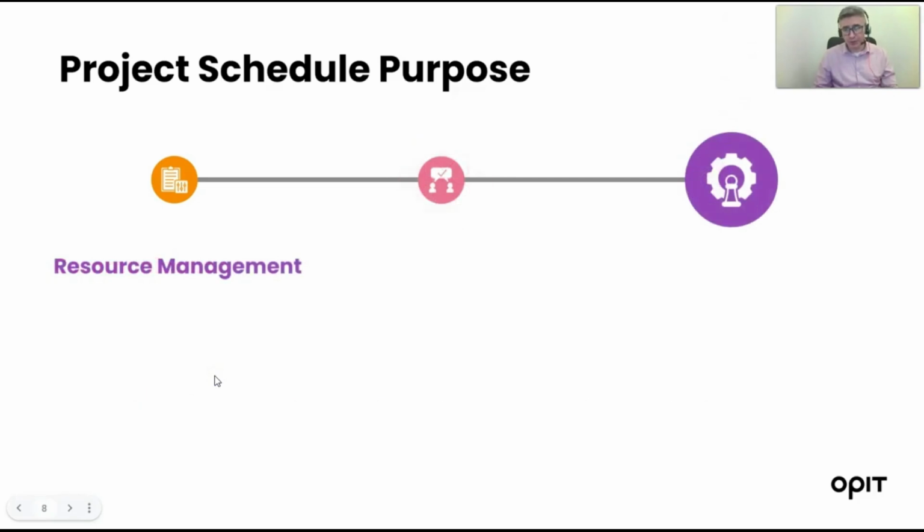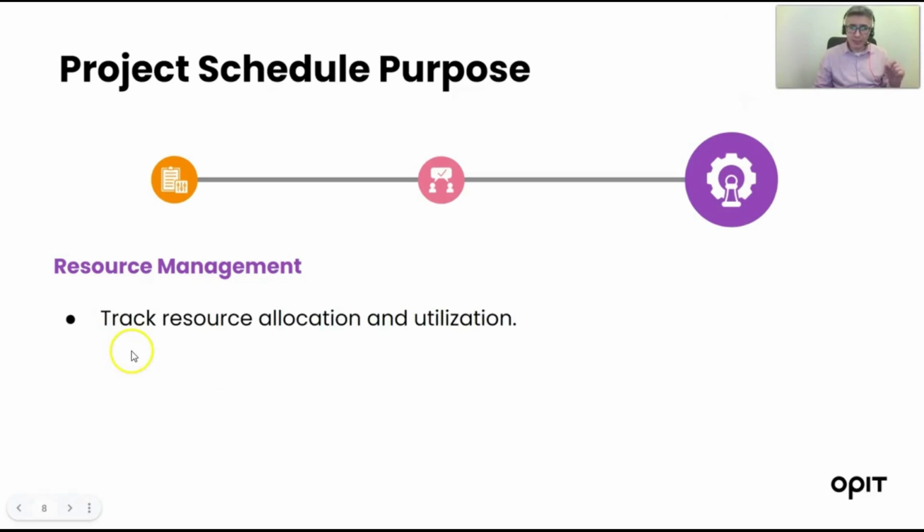Another purpose of the project schedule is to support resource management, in a way that the schedule helps us to track resource allocation and utilization when we are assigning resources to tasks in a schedule. So we are giving clarity and transparency in terms of who is going to work on which tasks, when, and how much they will be assigned to work on a given task.